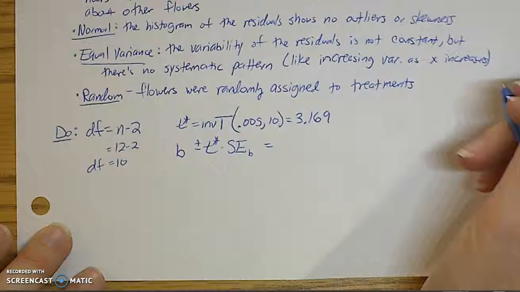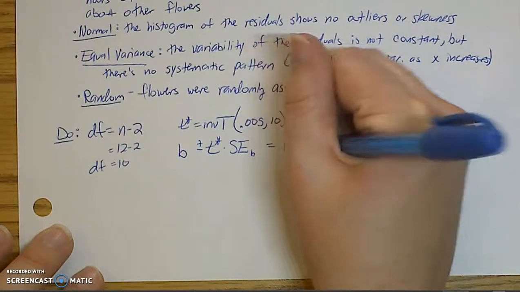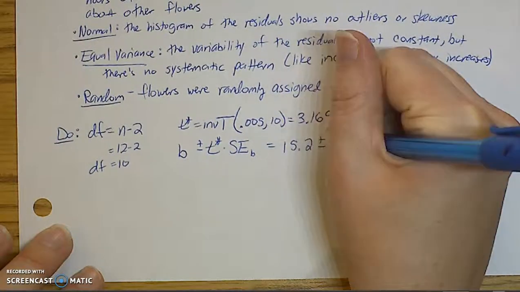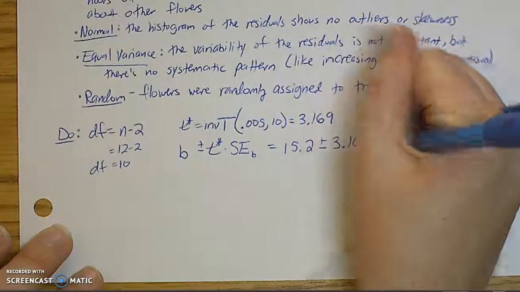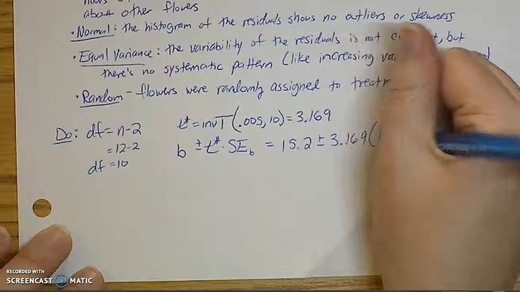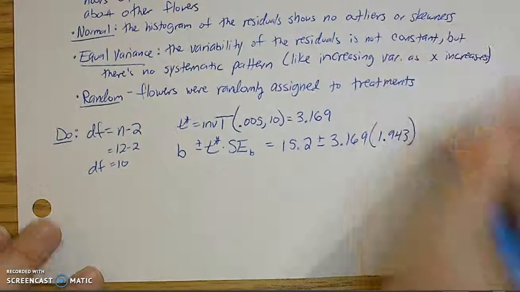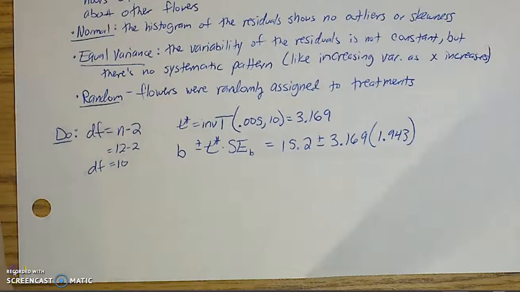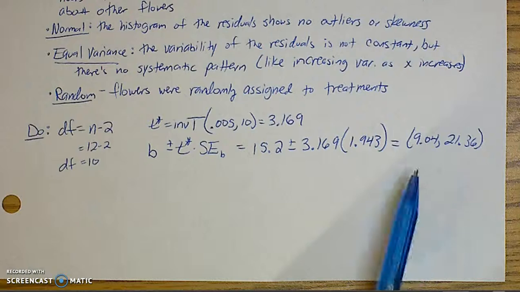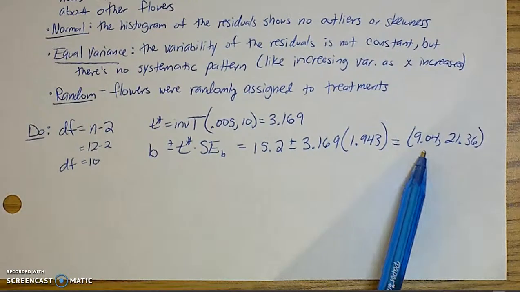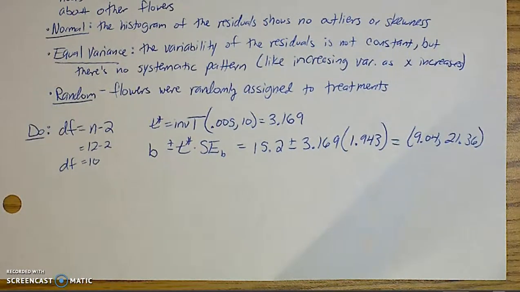So my sample slope was 15.2 plus or minus 3.169 times 1.943. So your lower estimate 9.04, your upper estimate 21.36.